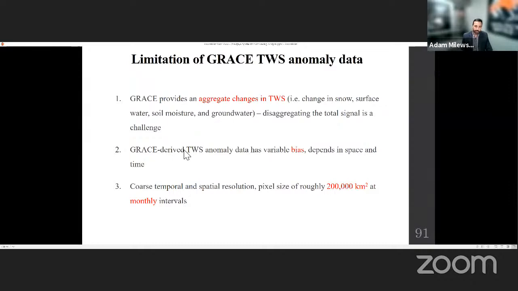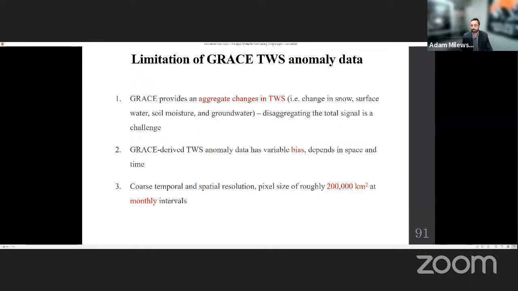The second limitation is that GRACE-derived total water storage anomaly has variable bias, meaning it depends on space and time. A big problem with GRACE, because of how the data is processed in these variations, and I'm afraid to look at everyone's face when I say this for all of you living in Indonesia, it has problems with areas that are near the ocean.